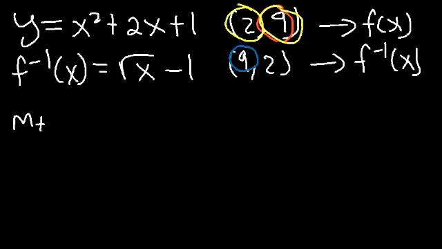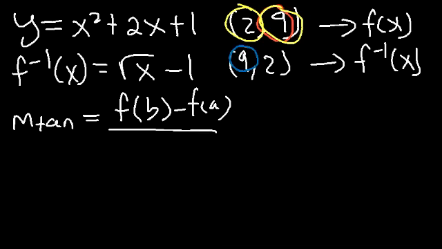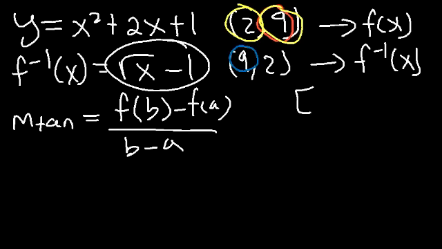So the slope of the tangent line is going to be f of b minus f of a over b minus a, when b minus a is very close to 0. Since this is in terms of x, we want to use the x value of the inverse function, which is 9. So I'm going to pick 2 points that are close to 9.